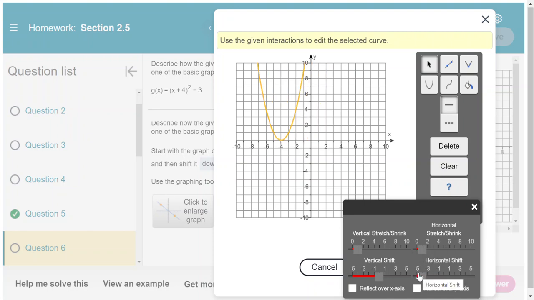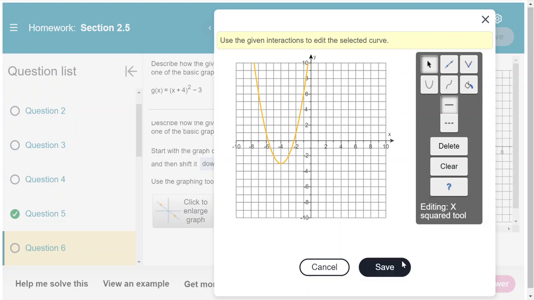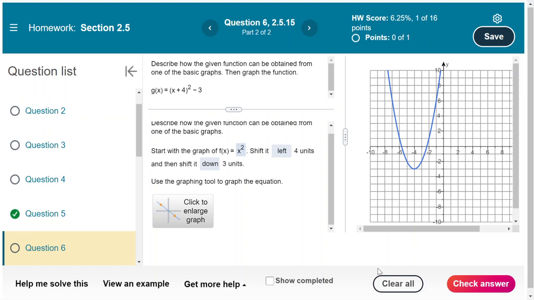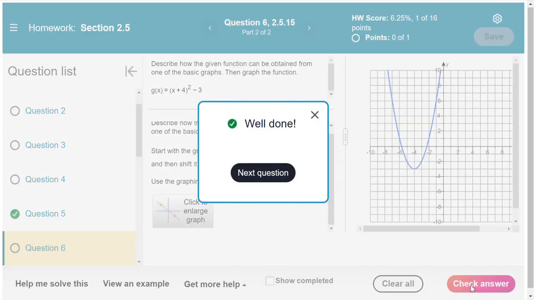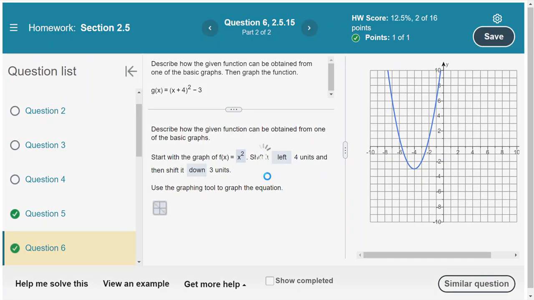And a vertical shift of -3. So actually, I guess we just click on the -3 here. So notice it started here, it went left 4 and down 3. All right, so that's our graph. We'll go ahead and save it, check our answer, and we're done.